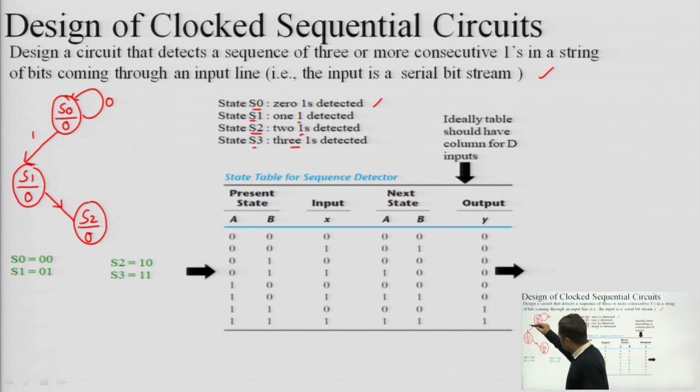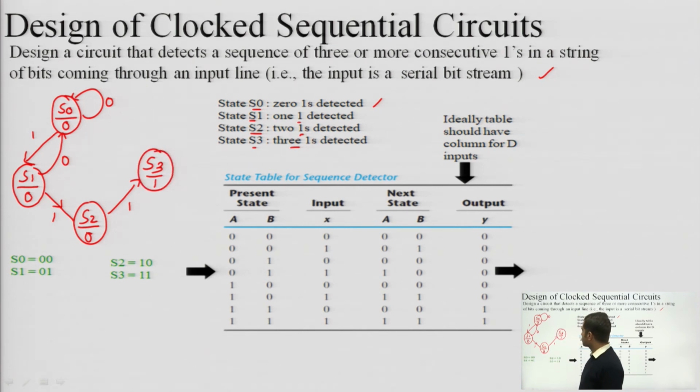So if 1 is there, but after 1 the input value is 0, then I have to go back to state 0. But if it is 1, then I will proceed to S2. Then from S2, if there is a third one, then I will reach S3, and now my output can be 1. But if after 2 ones I get a 0, then I have to restart.